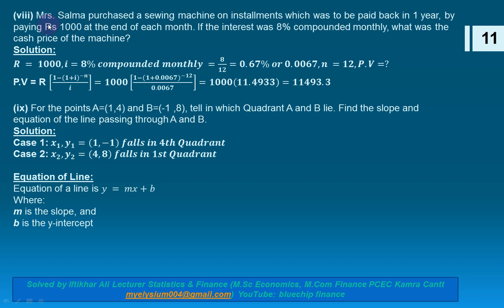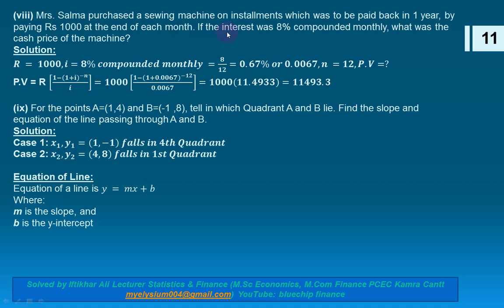Question number 8. Mr. Salma purchased a sewing machine on installments which was to be paid back in 1 year by paying rupees 1000 at the end of each month. So it is the case of multiple payments or multiple deposits or multiple receipts. So in this scenario, it is the case of annuity.